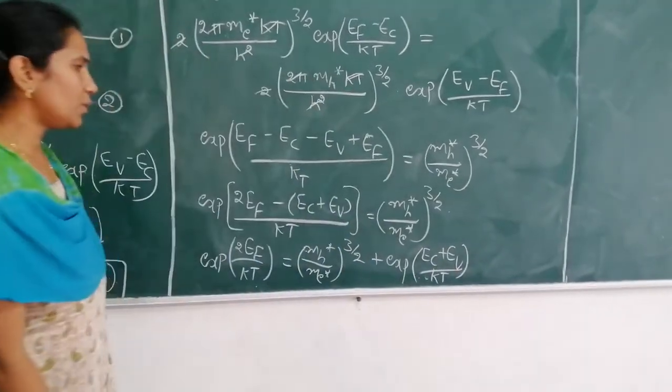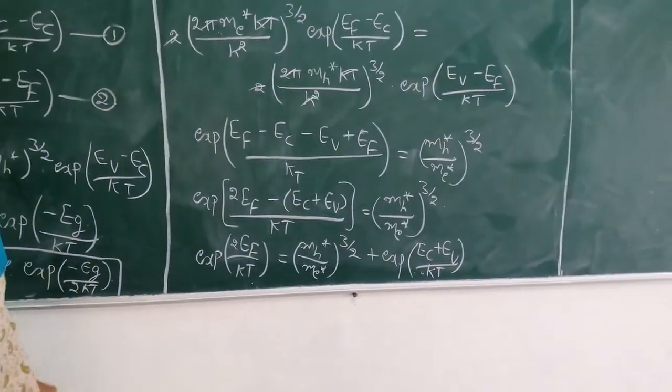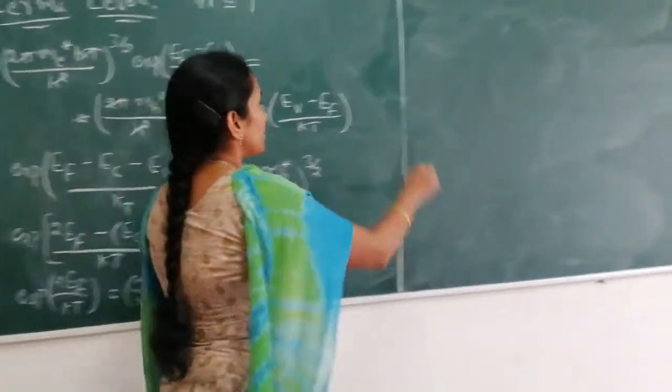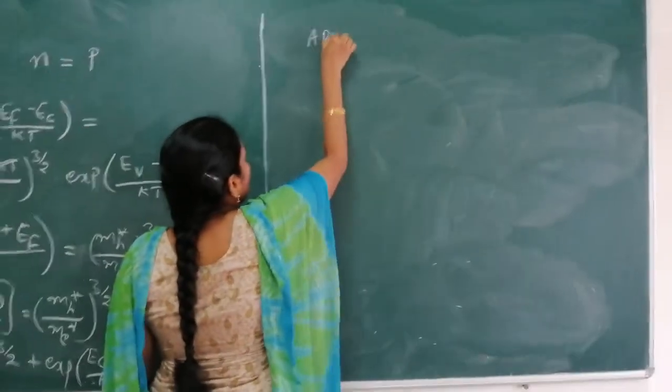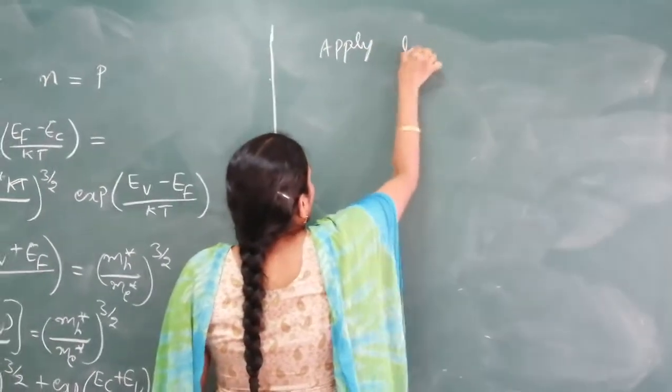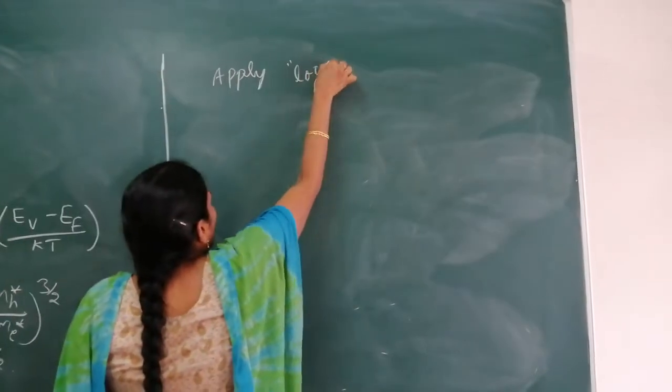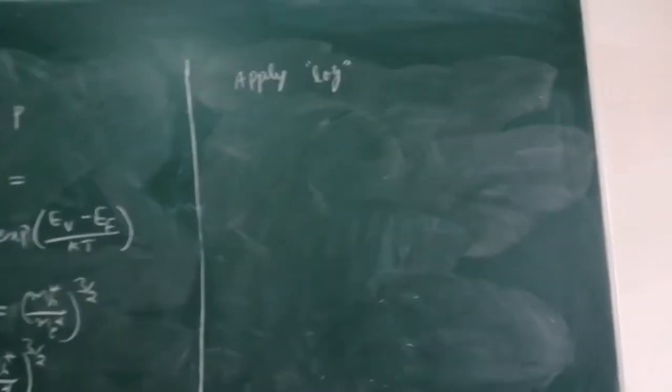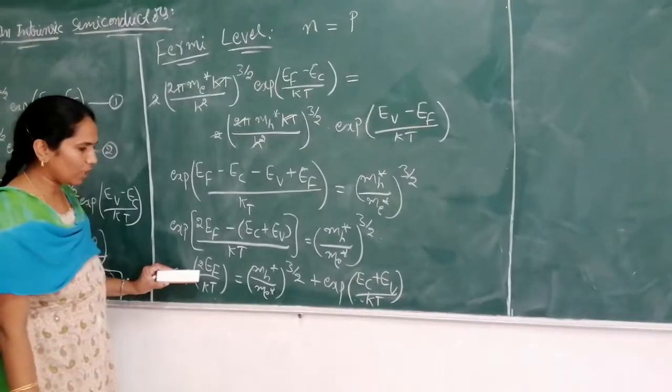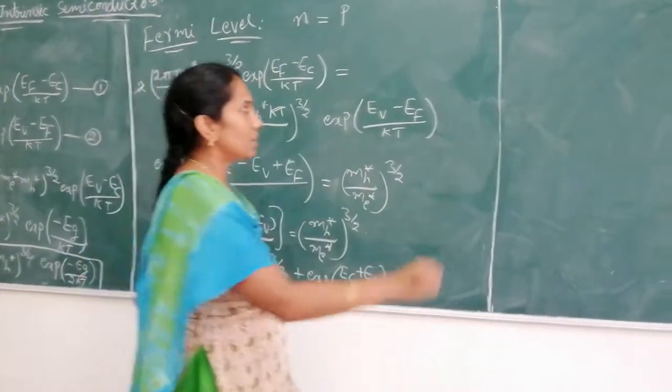Now I am going to apply logarithm on both sides. So when you apply log on both sides, log of exponential will get cancelled, so only 2EF by kT is remaining on the left side.